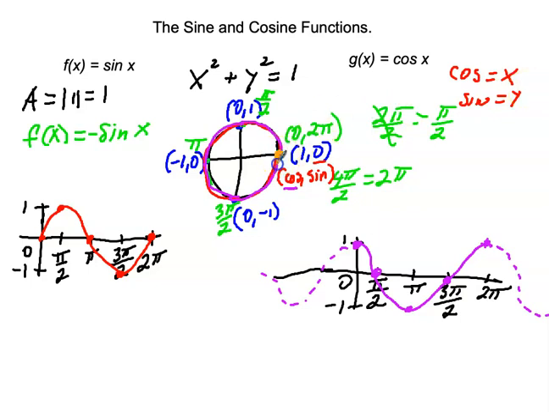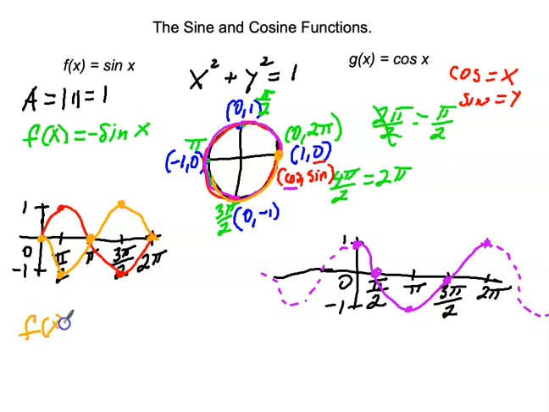So we're going to start here and go around the circle clockwise, and the function would look something like that. We would start at 0, go down to negative 1, back to 0, then positive 1, and back to 0. So this one would be the negative sine of x function.